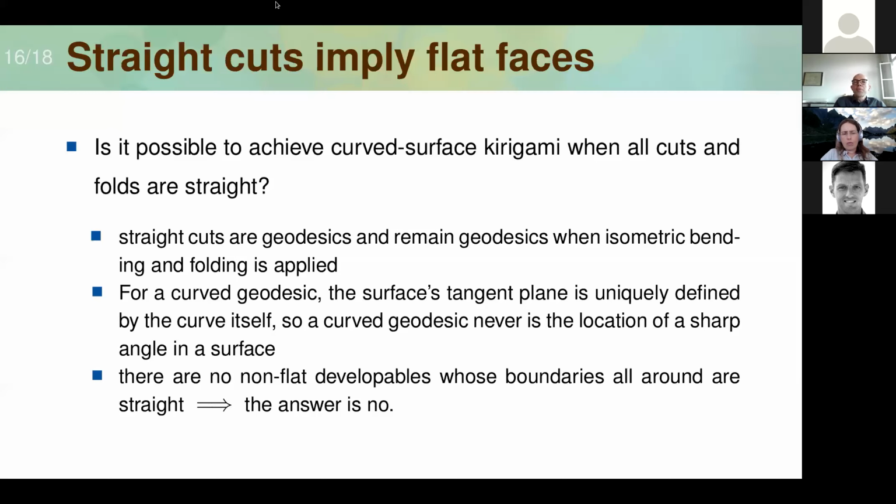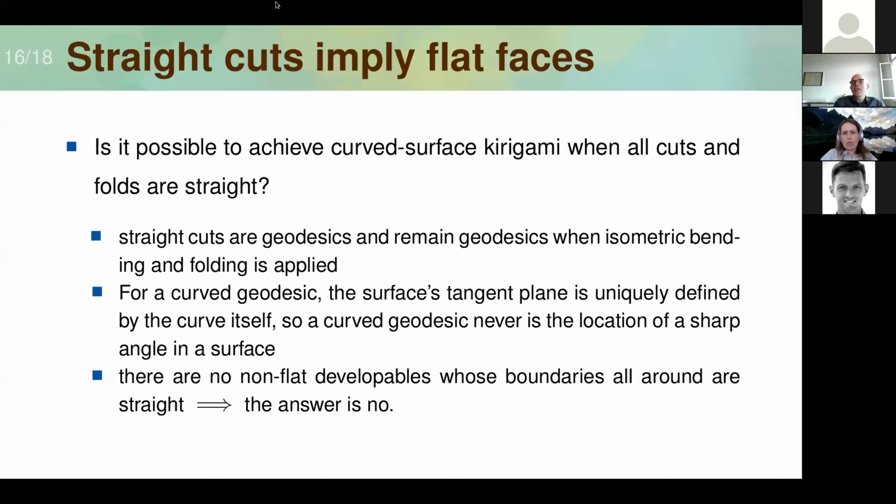So the only possibility is that we have straight boundaries for all our faces in the spatial Kirigami structure. And the question is, are there developable surfaces that are non-flat, that allow straight boundaries all around? And the answer is no. You can have, of course, straight lines on developables.